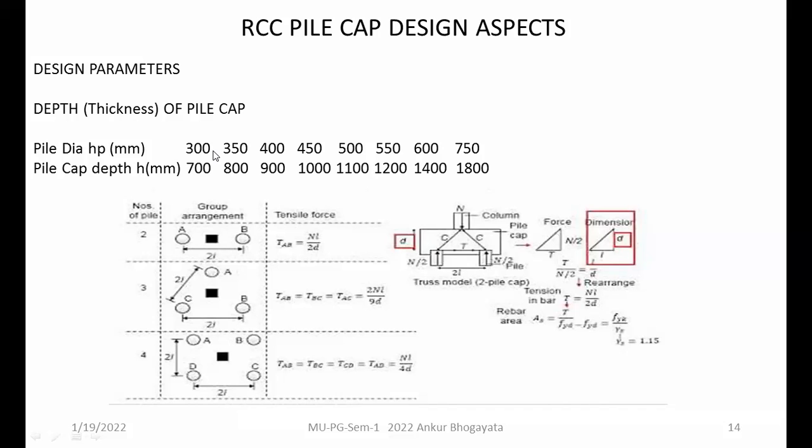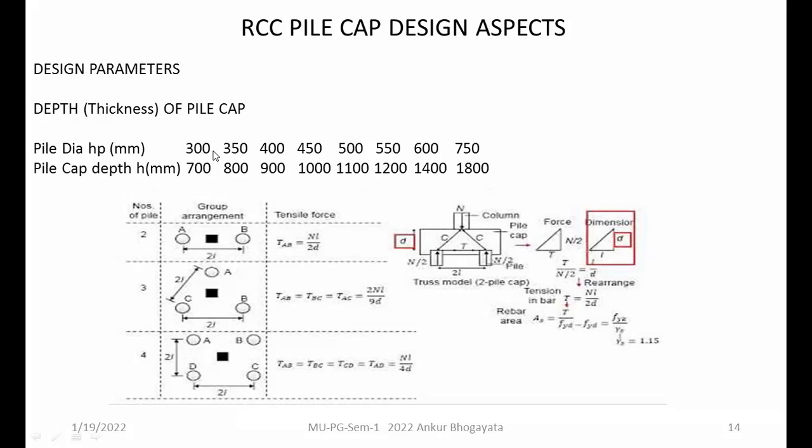Because sometimes if the tensile stresses are not very well taken, there is a fear of bursting force. That means the upward force which is exerted by the piles, and if the pile cap is not provided with the necessary reinforcements in the bottom, there is a chance of failure of the bottom of the pile cap. And that is why you should always take care about the tension force which develops in the Strut-and-Tie model type of pile cap. So otherwise, you can straight away adopt this data, like pile diameter and pile cap depth.